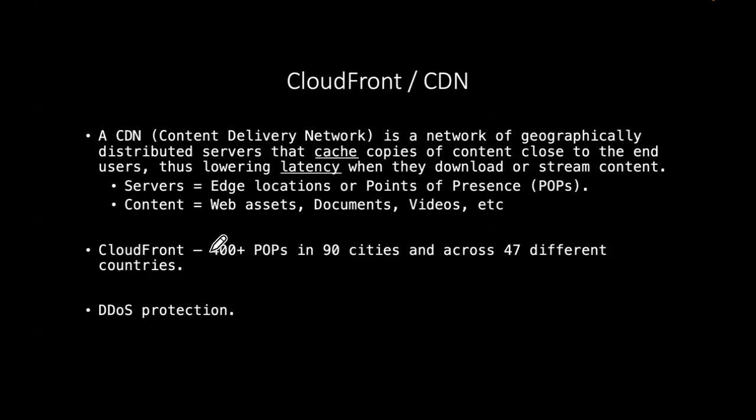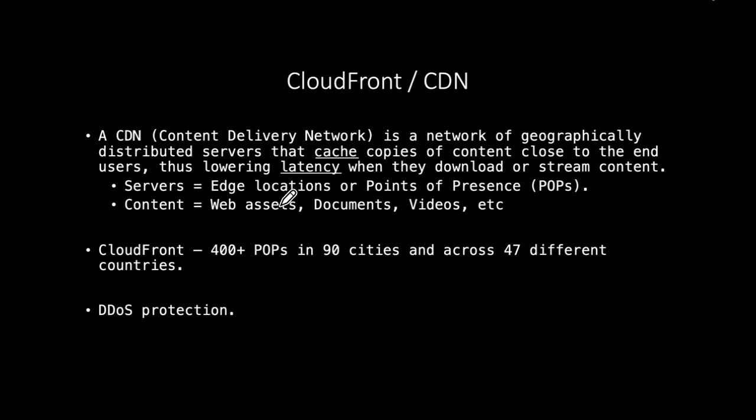Now, admittedly, these statistics are from around this time last year. Or sorry, the servers, they're given different names. They're called edge location servers. Edge always means it's closer to the user, geographically closer to the user than the centralized server model. They're also called points of presence, or POPs.